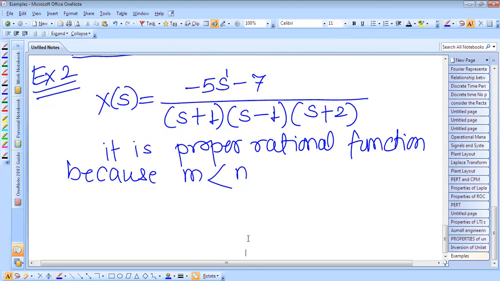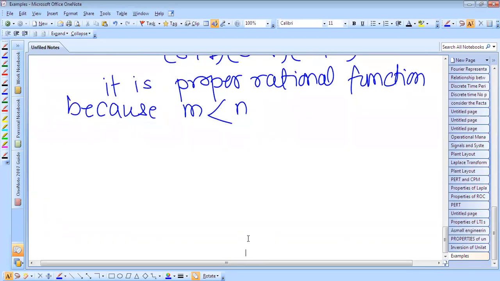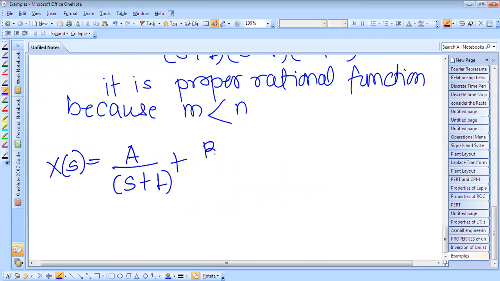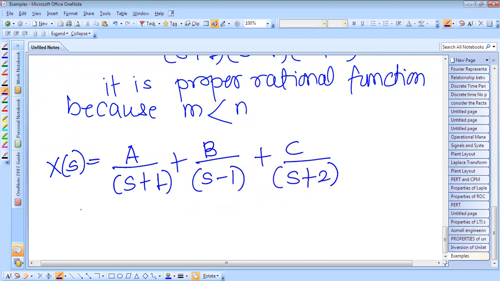Okay, so if m is less than n, we can directly expand this function using partial fraction expansion. Therefore, X(s) is equal to A over s plus 1 plus B over s minus 1 plus C over s plus 2.